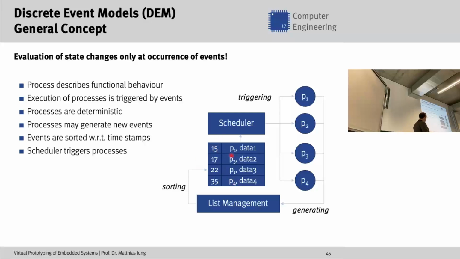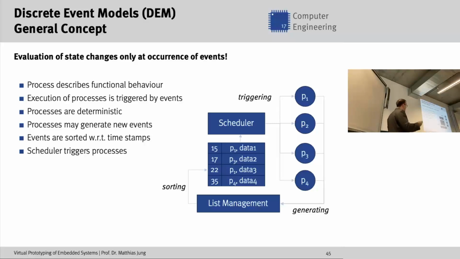Each event can contain some input data, and it has an associated process that is sensitive to this event. The scheduler takes the next event in time and fast forwards to this point in time. And then it looks, okay, at time 15, we have to execute process 1 again with this input data. That's basically how it works.